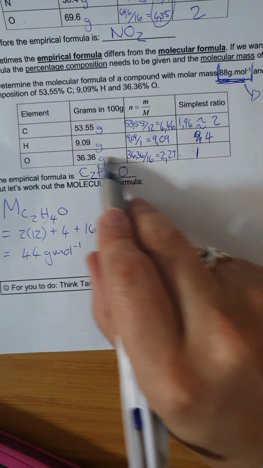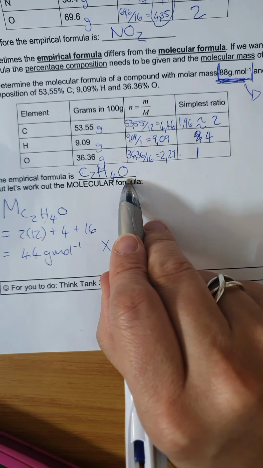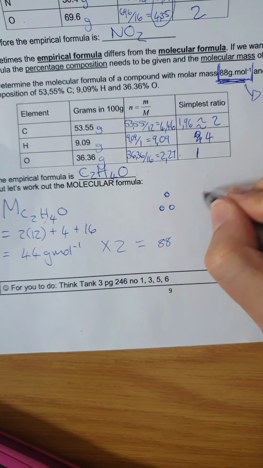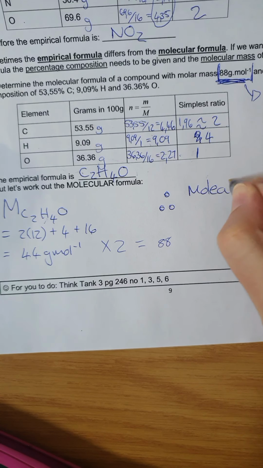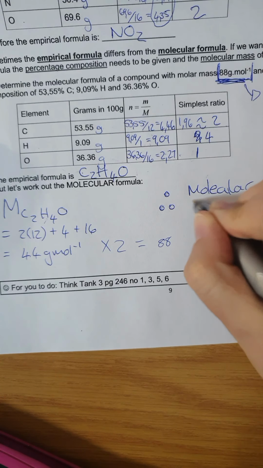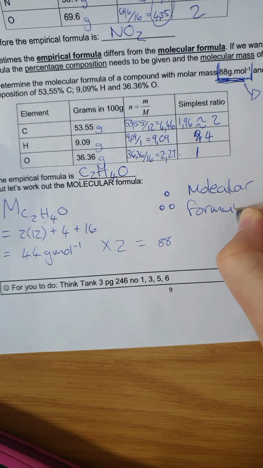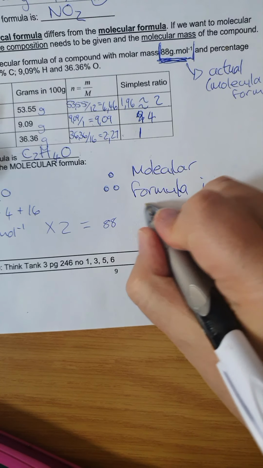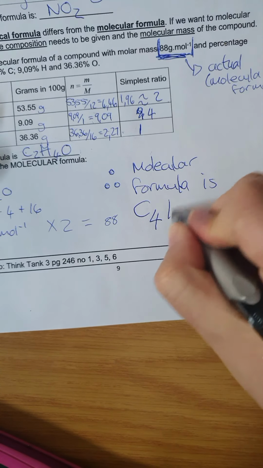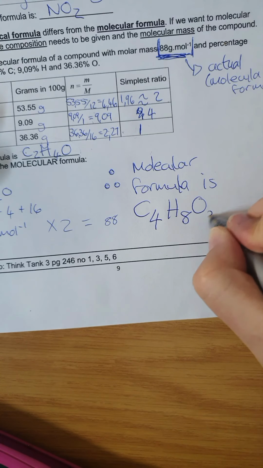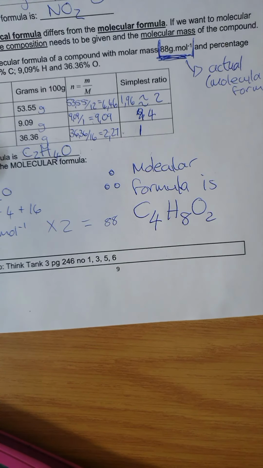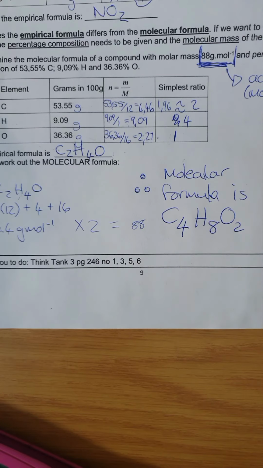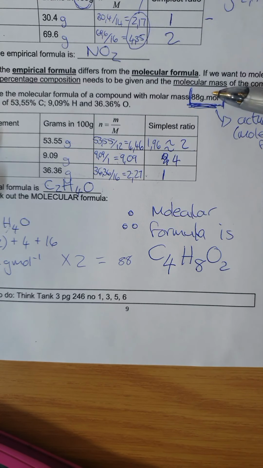So if I times all of these by 2, therefore my molecular formula is C4H8O2, and that is what it really is, based on the actual molar mass.